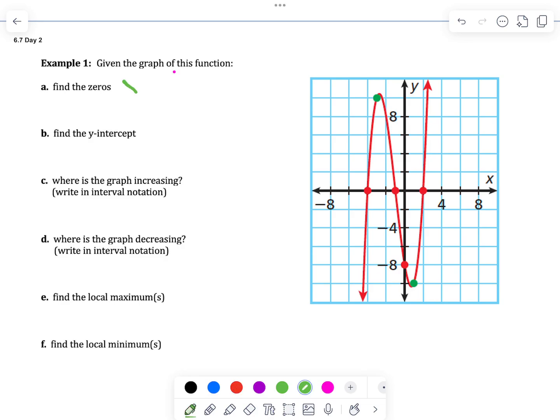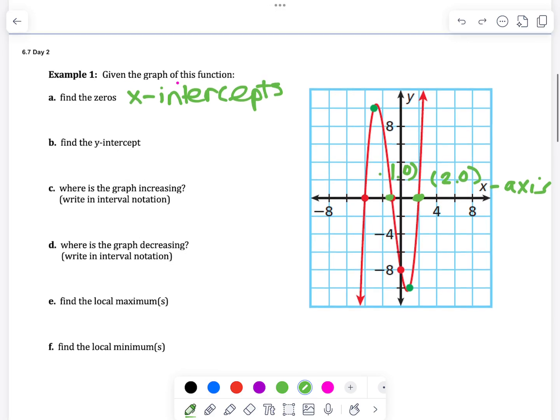So the zeros are going to be your x-intercepts. So let's go to the x-axis. So here's our x-axis. We wanted to find out where it touches on the x-axis. So it touches at this first point at 2, 0, and then at -1, 0, and then that last point there is -4, 0.